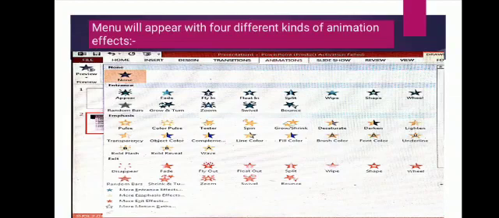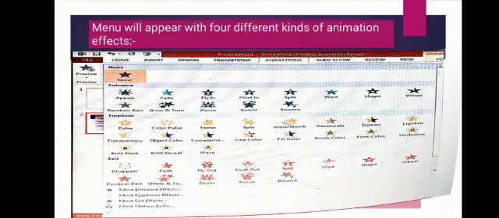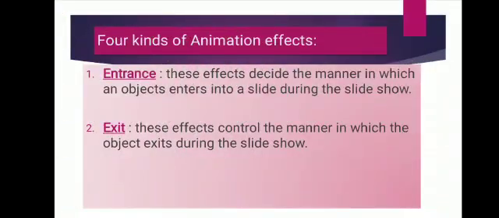So what is the use of all these effects, or what is the function of these 4 types of effect? See, in entrance, as the name suggests, these effects decide the manner in which the object enters the slide during the slideshow.